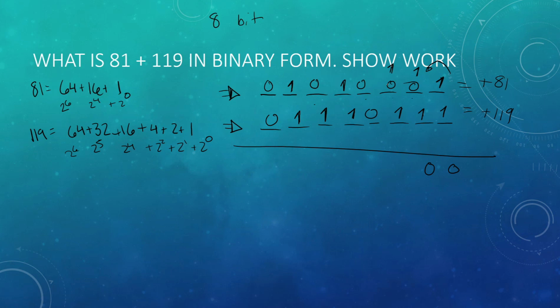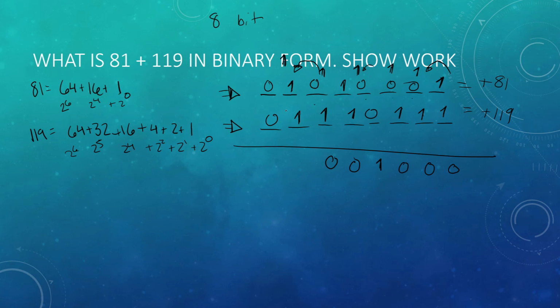Same thing here. 1 plus 1 is 0. Carry 1 over. 1 plus 0 is 1. Here, 1 plus 1 is 0. Carry 1 over. Same thing here. Carry 1 over.